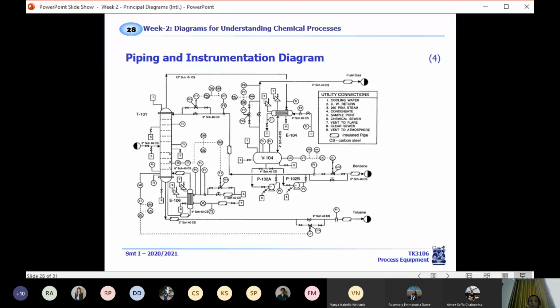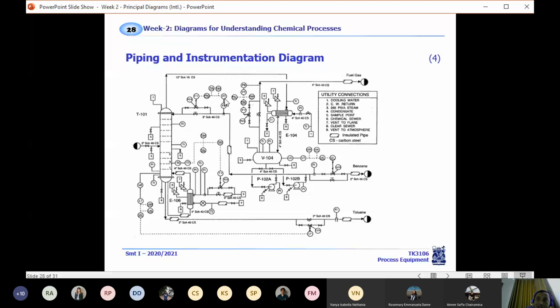I will continue the piping and instrumentation diagram next week, because there are other types of information that you have to understand, for example related with the signal system, something like this one, we have the PT. What other information will I provide next week?